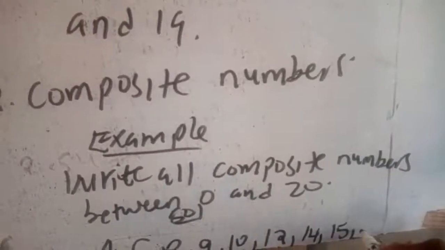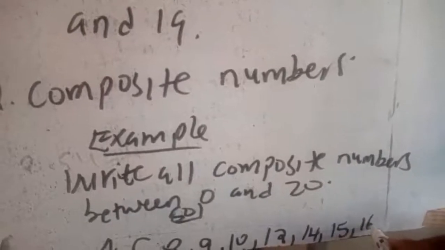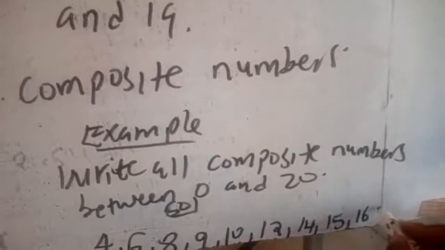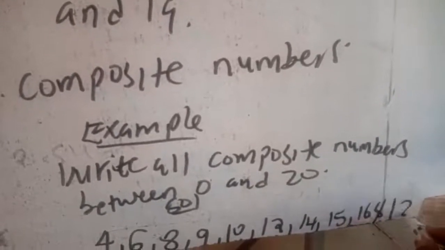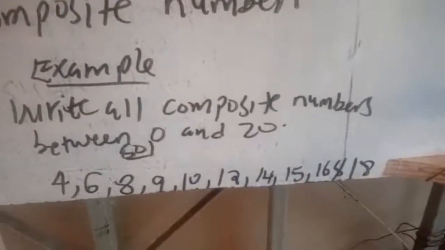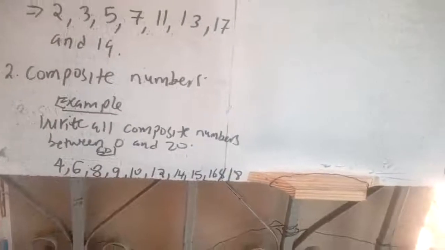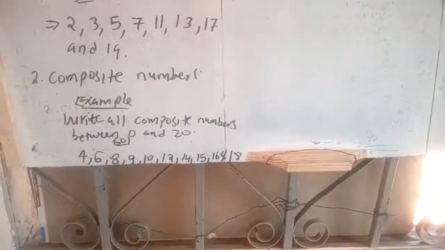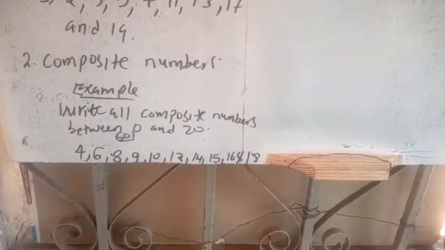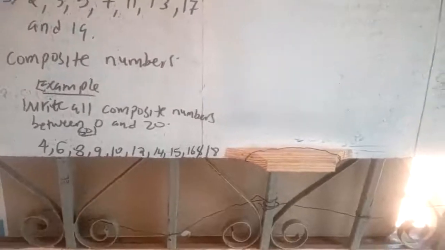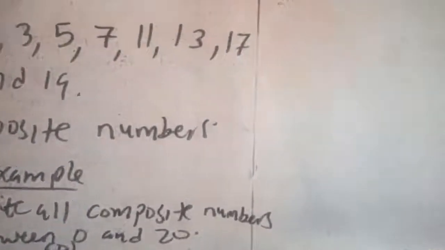Then from 15 we have 16, and from 16 finally we get 18 as the last one, and therefore those are the composite numbers that are found between 0 and 20.